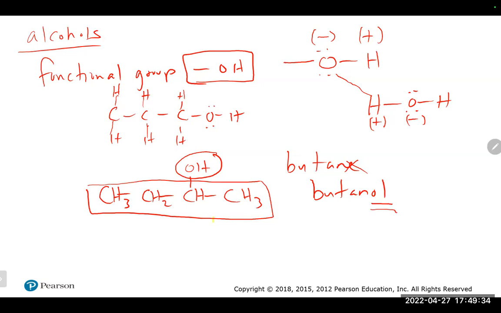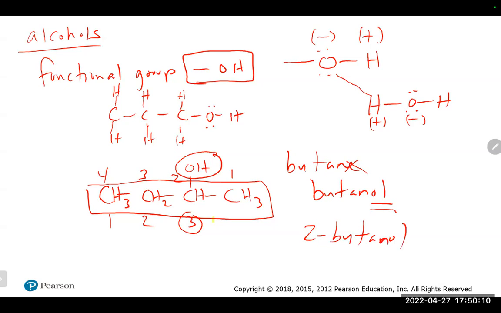In this situation, it could be at a couple of different carbons. Because the OH group gets the priority, when we number the chain, we want to number whichever way gives the OH group the smaller number. In this case, going right to left achieves that, which puts our OH group at carbon number 2. If you went left to right, that would put your OH group at carbon number 3, which is a larger number. So this would be 2-butanol.